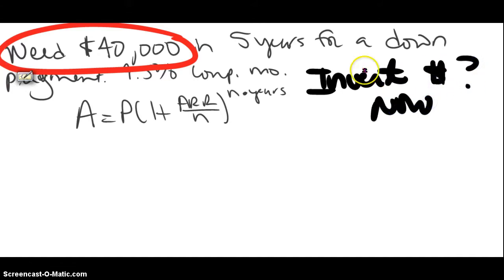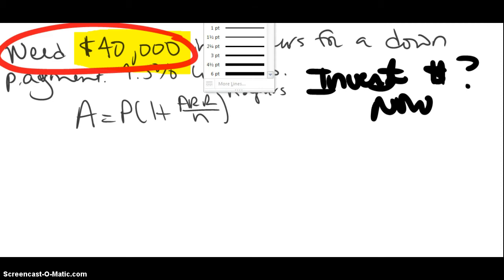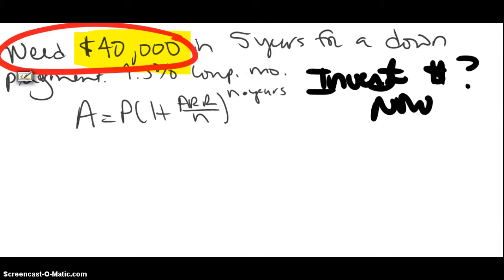So what do I need to invest now to have this much money in the future? Obviously, I don't need to invest $40,000, because if I do, I would have interest on that and so forth. To get that much money in the future, I don't need to invest that much now. I could invest less and that will grow into that.